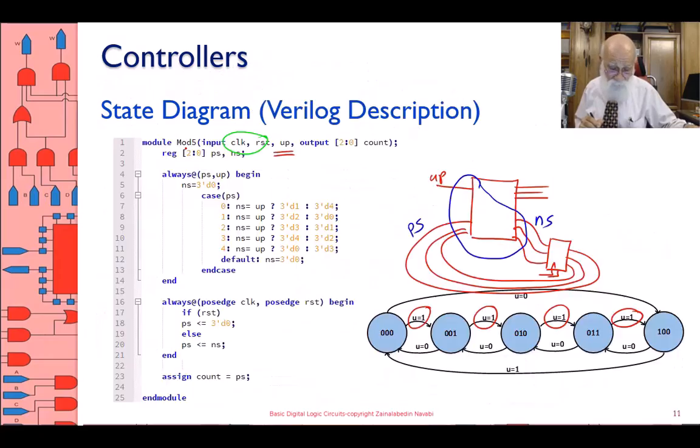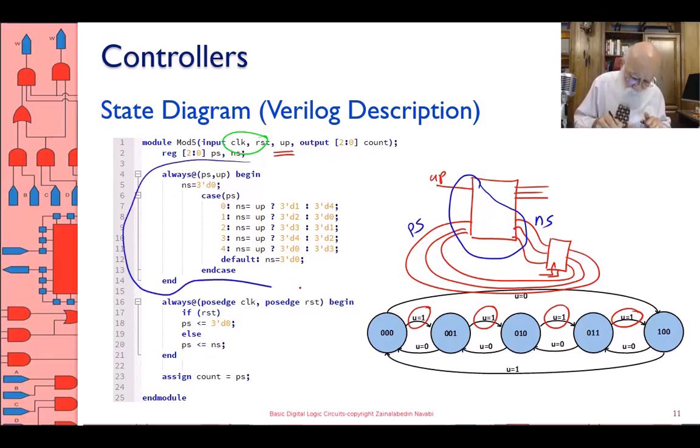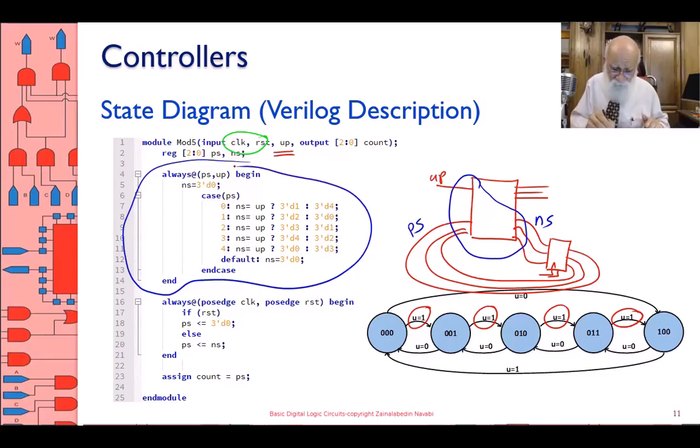Okay? So, let's describe that blue part. Always, always, when my present state or my up input change, and therefore I have a Verilog description for a combinational part representing exactly this blue stuff here.